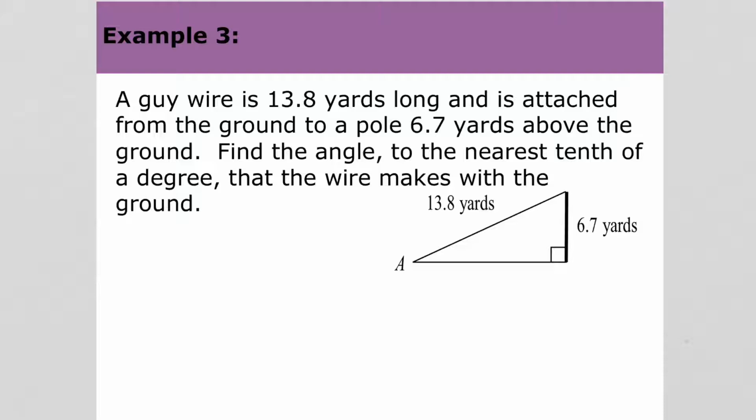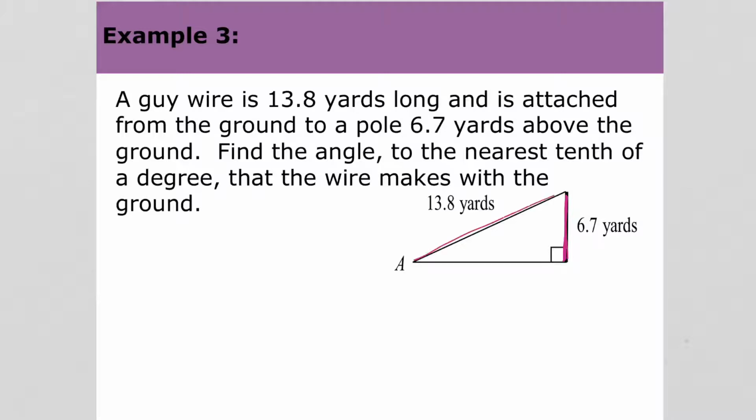Not really positive, that's my guess. So we've got this pole here, and the wire is attached 6.7 yards from the ground. We've got the length of the wire, and it says, find the angle to the nearest tenth of a degree that the guy wire makes with the ground.